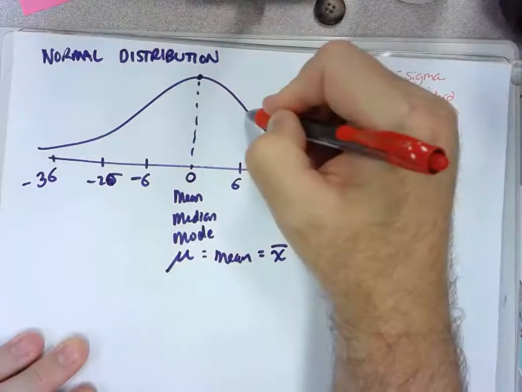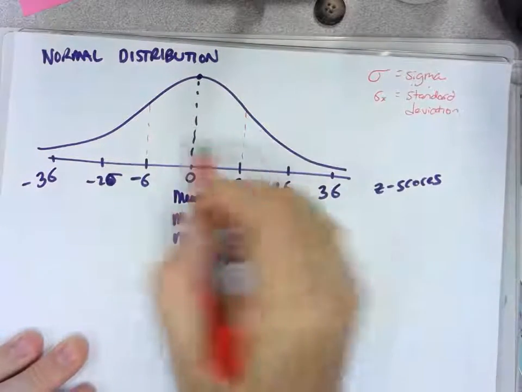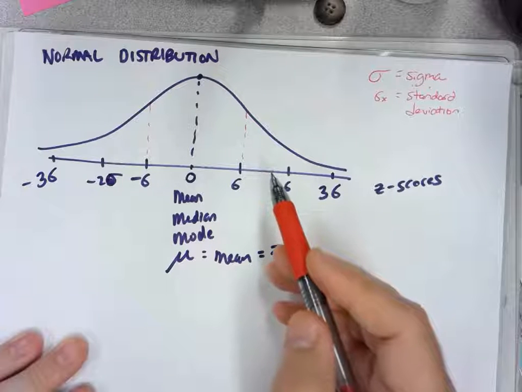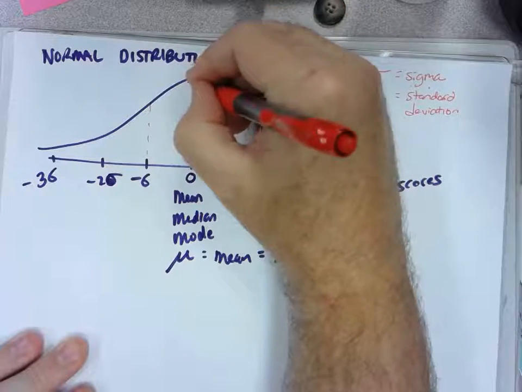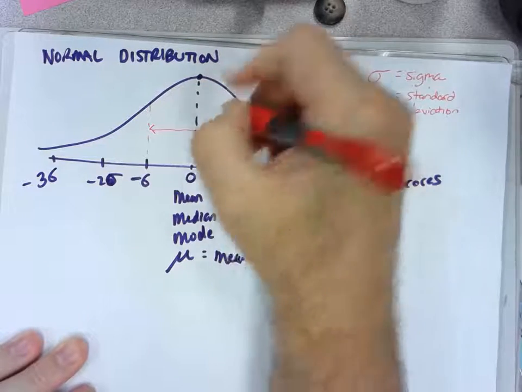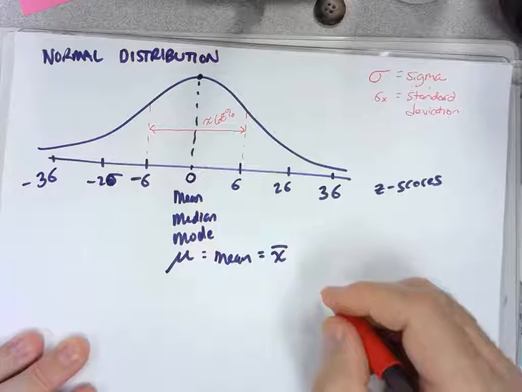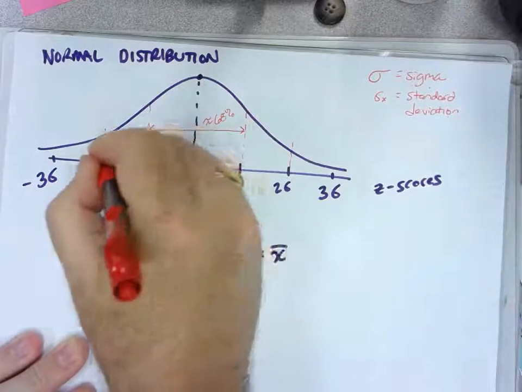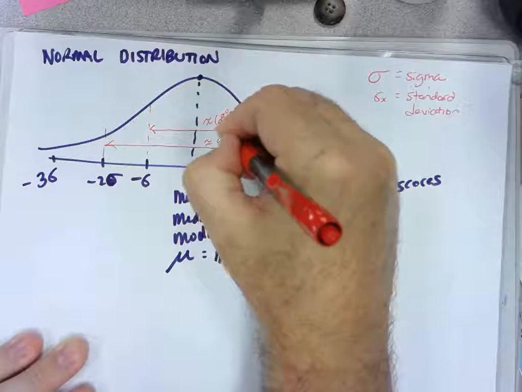Now, some of the key things we said were how this data is distributed, and within 1 standard deviation of the mean, how much of your data is sitting there. It's approximately 68%. And then between 2 standard deviations, that's approximately 95%.